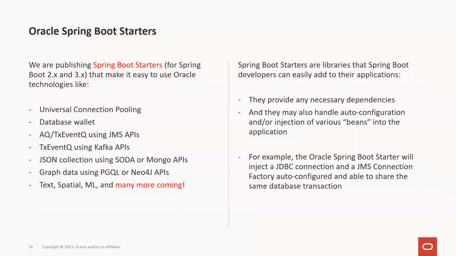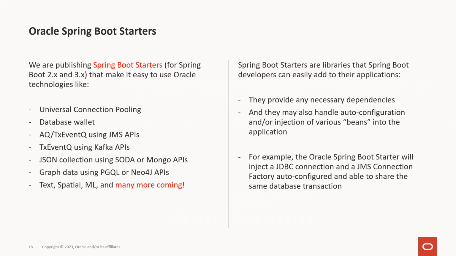Okay, so another thing that we've been working on is creating Oracle Spring Boot starters. A Spring Boot starter is basically a library that a Spring Boot developer can add to their application. These libraries provide all of the necessary dependencies for something, and they can also do things like automatically configuring or injecting capabilities into the application.